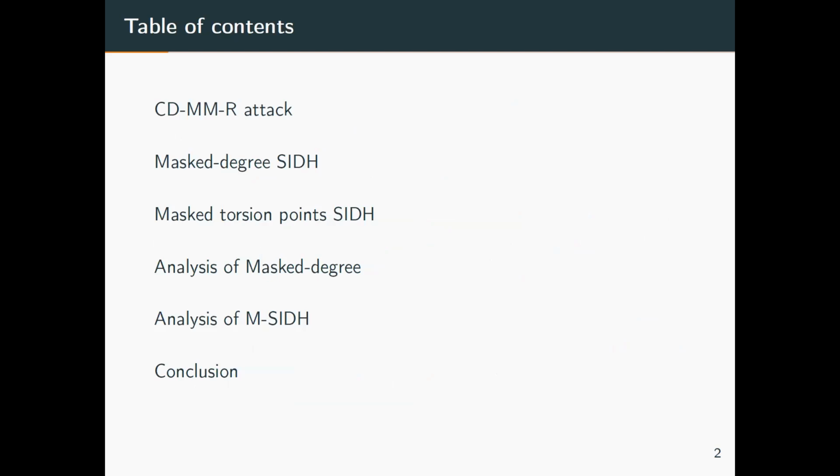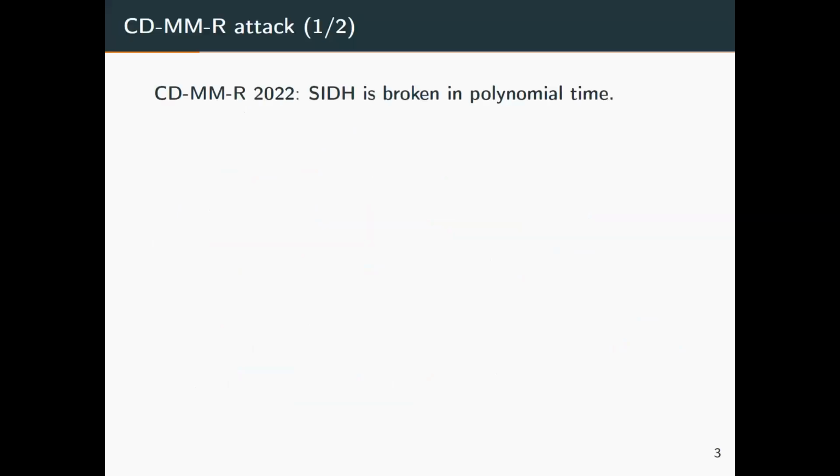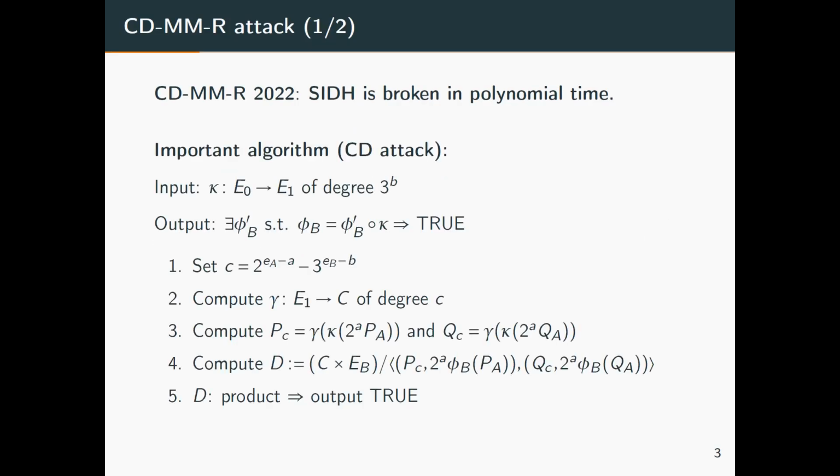Okay, then here's the table of contents. First, I recall the CDMMR attack. As you already know, SIDH is broken in polynomial time. Here is an important algorithm. This is a version of the Castryck-Decru attack, but it is a very similar algorithm to that used in the other two attacks.